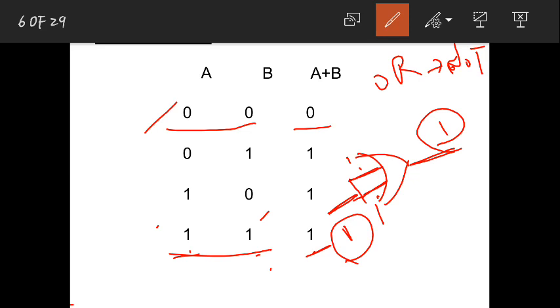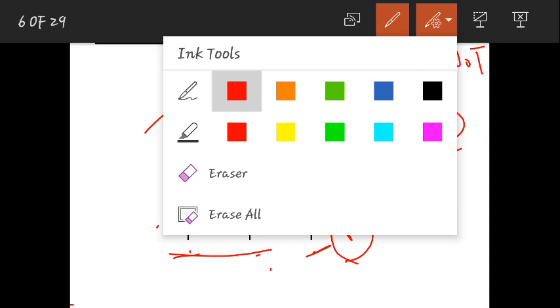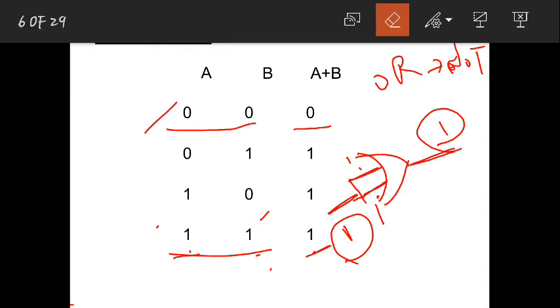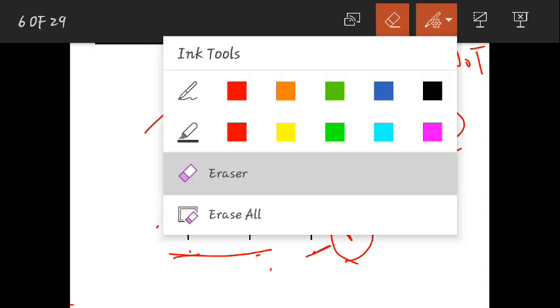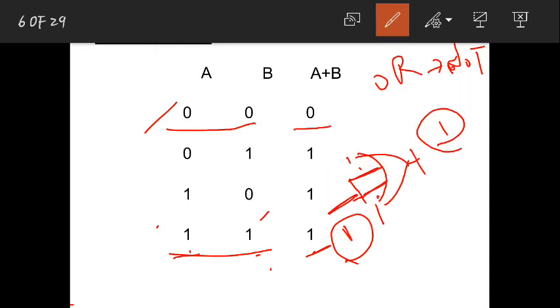To make it act like a NOT gate, what I can do is place a NOT gate here. Now the input I get will be 1, but this will make the 1 into 0. In this way it works.